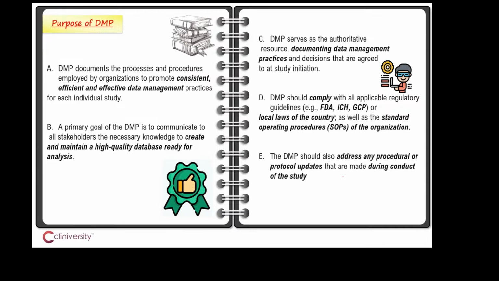So there could be results because of a protocol amendment, or there could be new updates made to the study, either in terms of new screens being added or new methods of assessments being introduced.